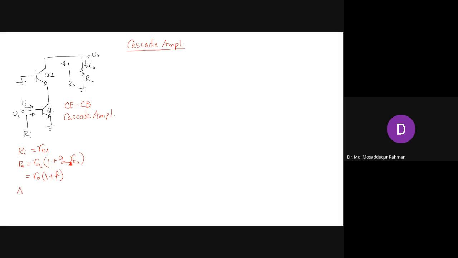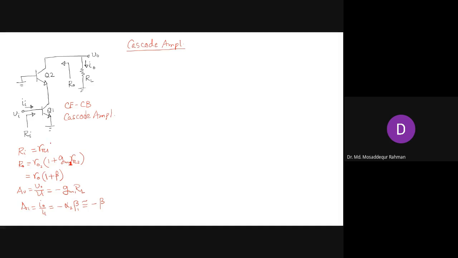And the voltage gain V naught by Vi was minus Gm1 and then R. And then current gain I naught by Ii was minus alpha 2 beta 1, and that can be approximated to minus beta, right?